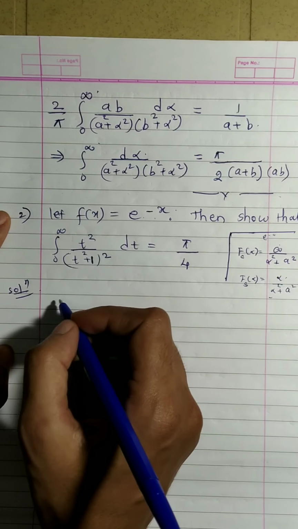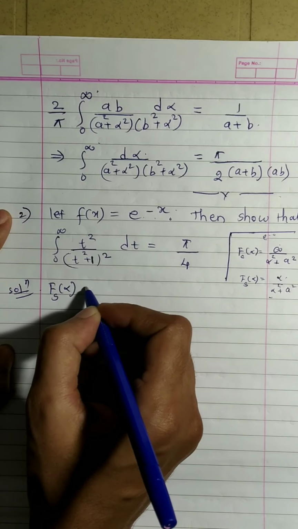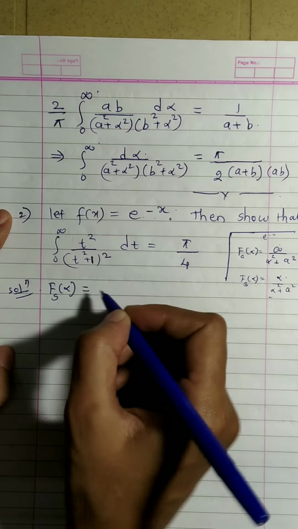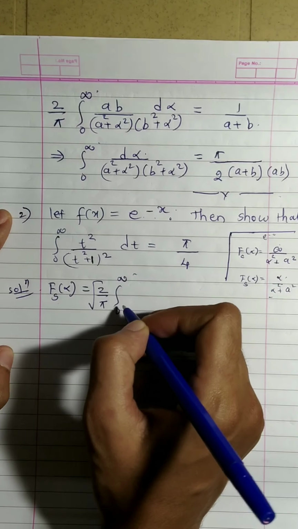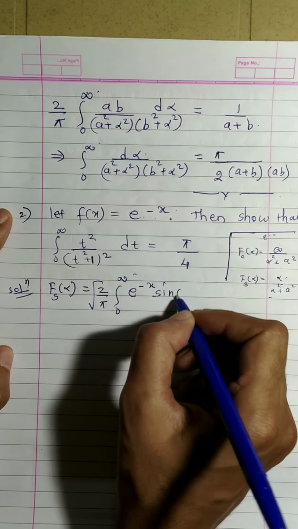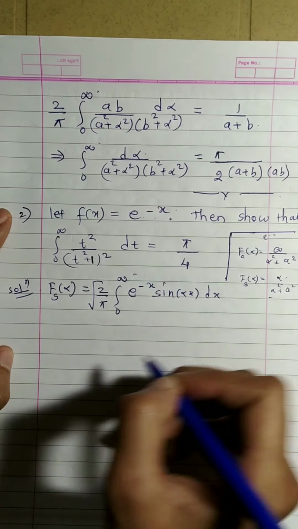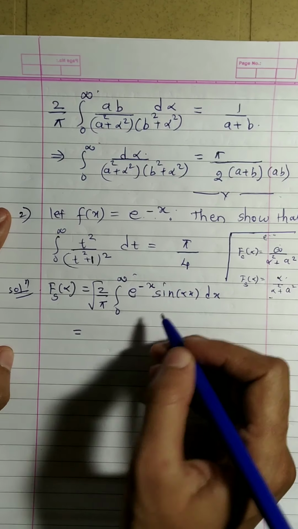So let us first find out the Fourier sine transform of the given function, which will be equal to root of 2 by pi integral from 0 to infinity e raised to minus x sine of alpha x dx. You will observe that we have already solved this in one of the previous videos.